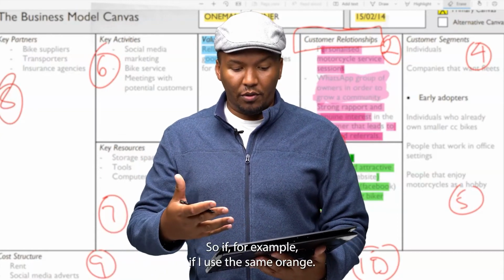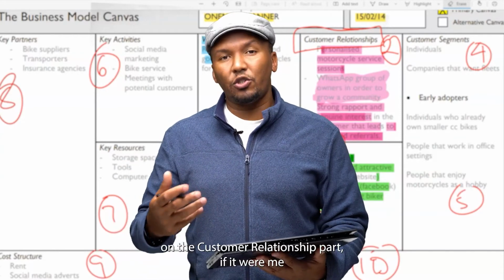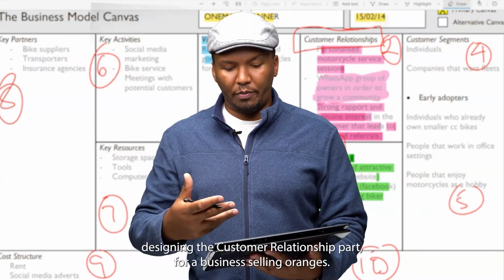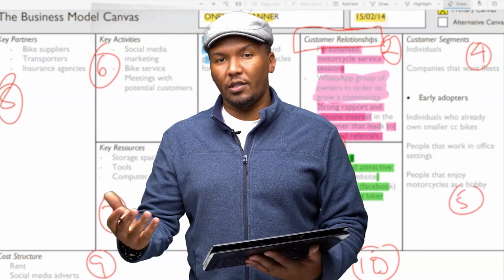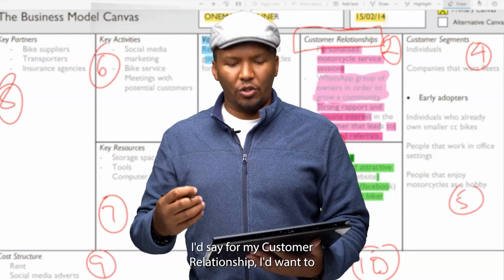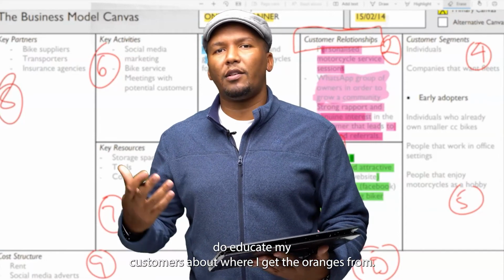So for example, take the same person who sells oranges. If I were designing the customer relationship part for a business selling oranges, I'd want to educate my customers about where I get the oranges from.